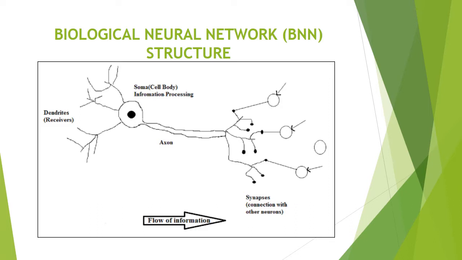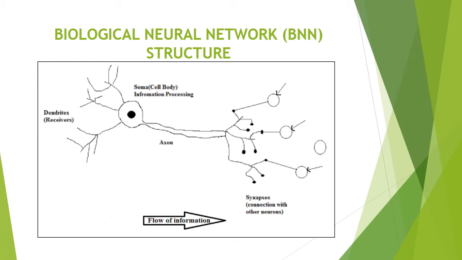Here it consists of a nucleus, that is the central point, and then this cell body is responsible for processing the information, and when the processing is at a certain threshold level, the information is passed through the axon. Now here the axon acts like a cable. It passes on the data to the next neurons.